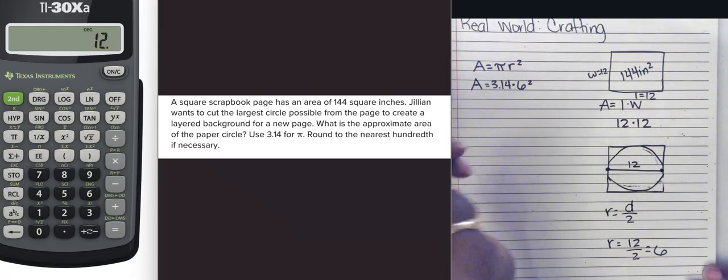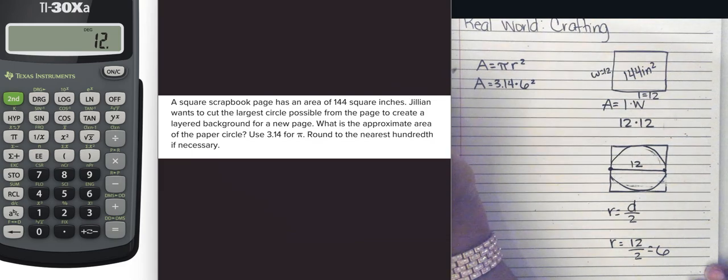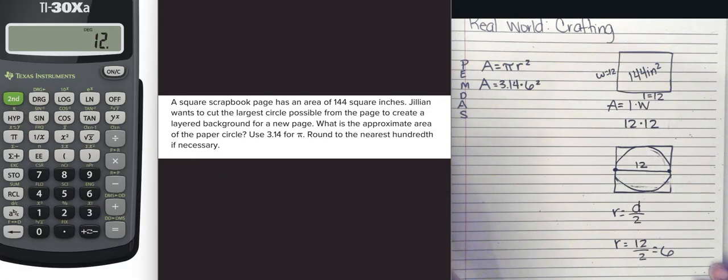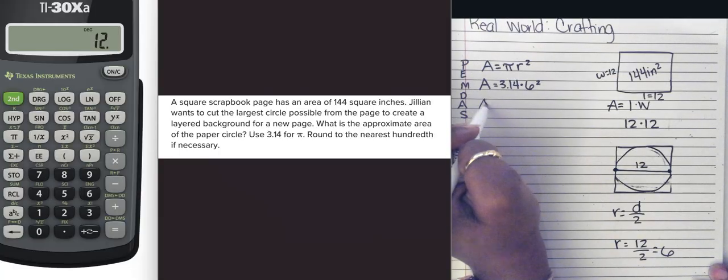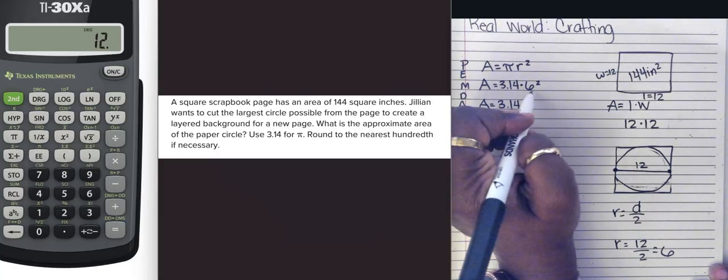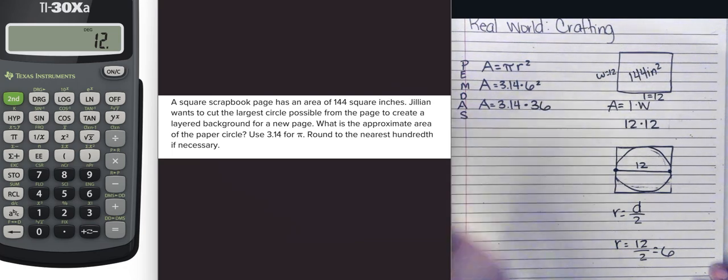Now, remember, because our variable is isolated, we're going to use PEMDAS from top down. We will start off with parentheses, which we don't have, but we do have an exponent. So we're going to take care of that first. Then we're left with area is equal to 3.14 times 6 times 6, which is 36.